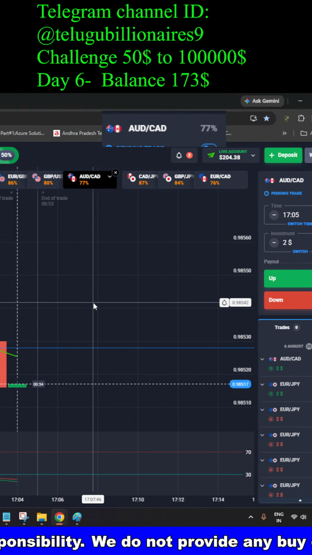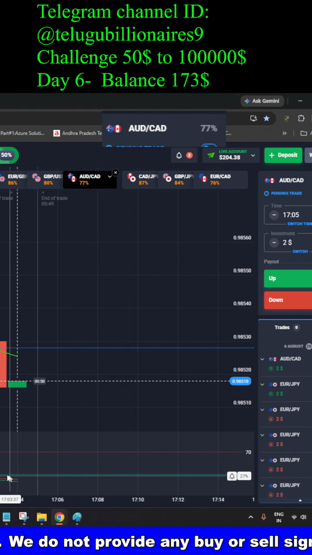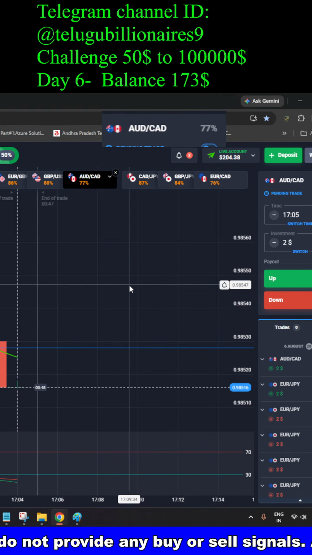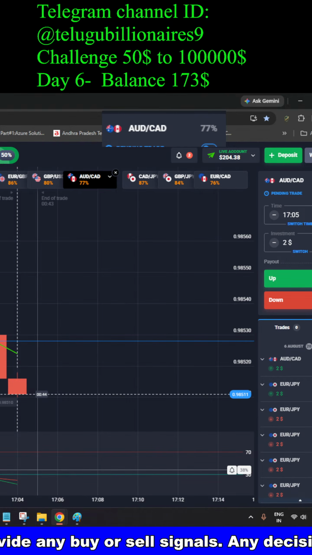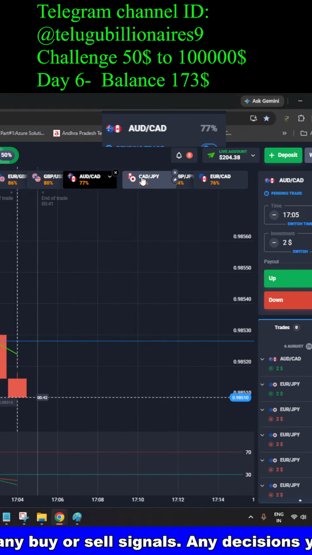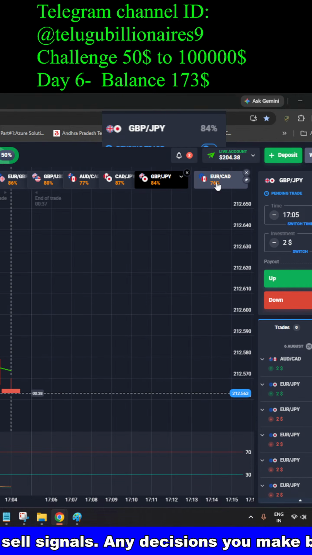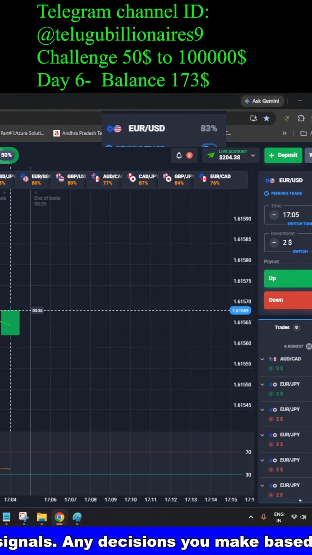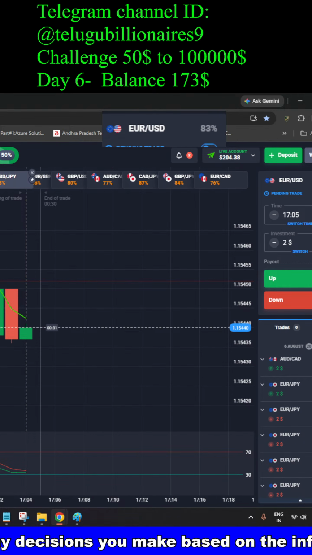Otherwise, I will not take it, because it is an oversold area, a risky area. We cannot go. No setup.